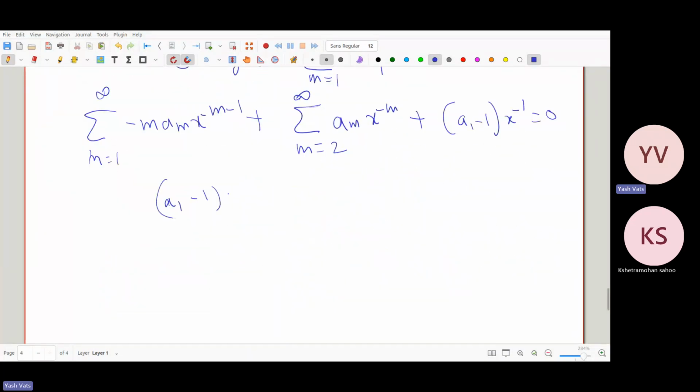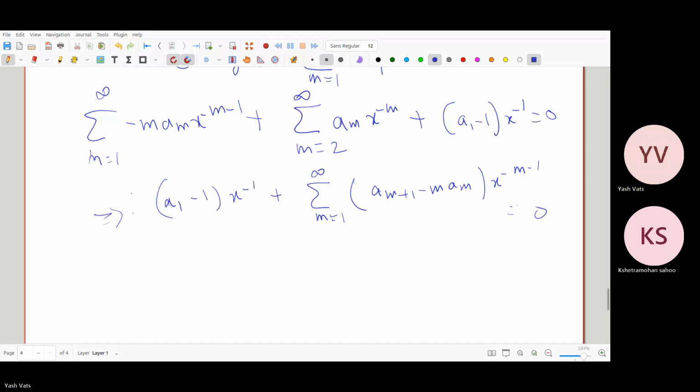So a1 minus 1 x to the power minus 1 plus summation m equals 1 to infinity (a_{m+1} minus m a_m) x to the power minus m minus 1. Here it will be 0. This implies this.